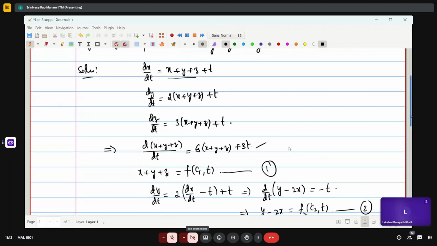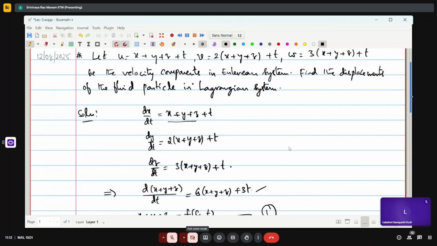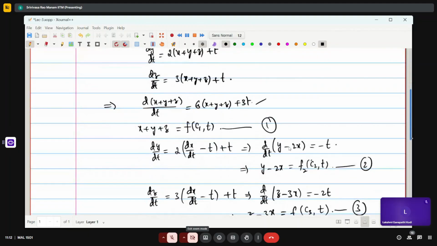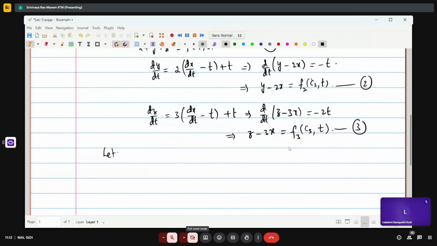So let's consider initially at some point, x of 0 equal to x naught, y of 0 equal to y naught, z of 0 equal to z naught, be the initial point. If you use this, it will fix your C1, C2, C3.